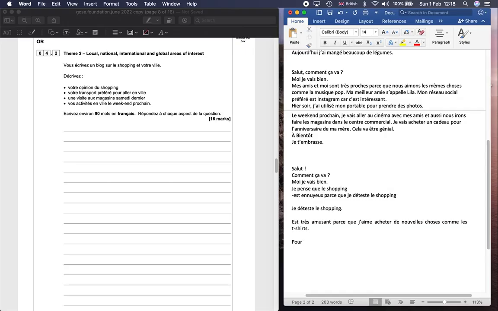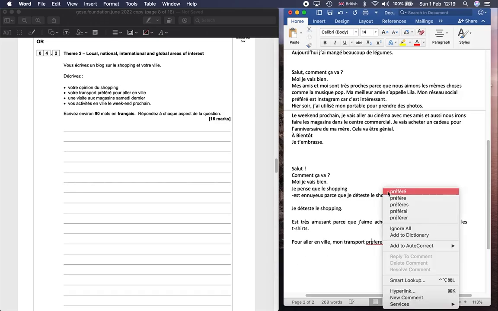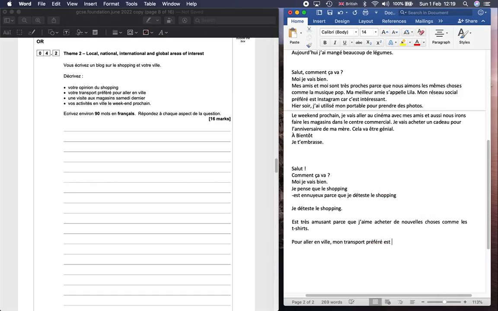Alors, pour aller en ville, mon transport préféré, so we're just repeating what's on the sentence there. Mon transport préféré, and then we'll add the accent. Et le bus, car ce n'est pas cher, because it's not expensive, it's cheap, car ce n'est pas cher.